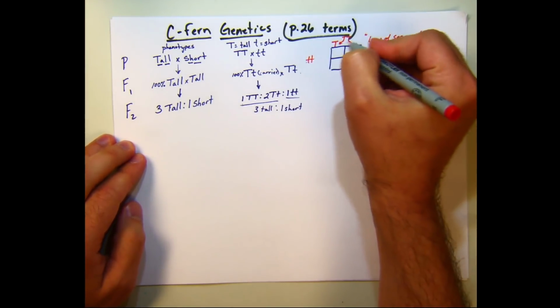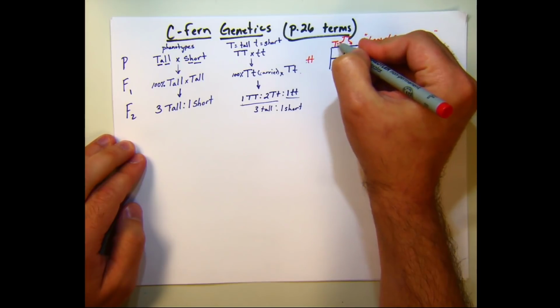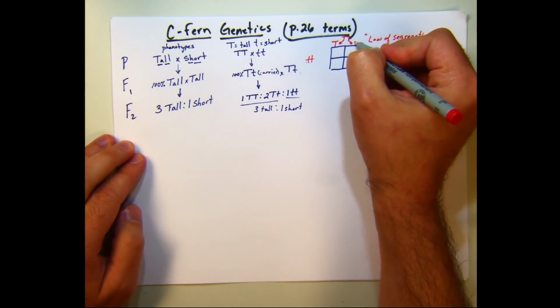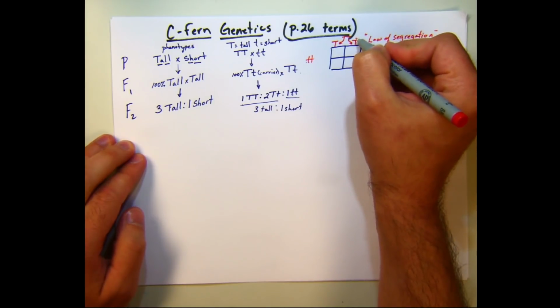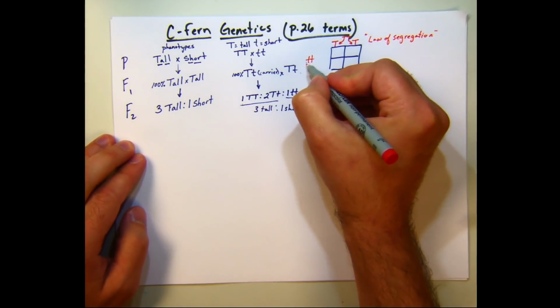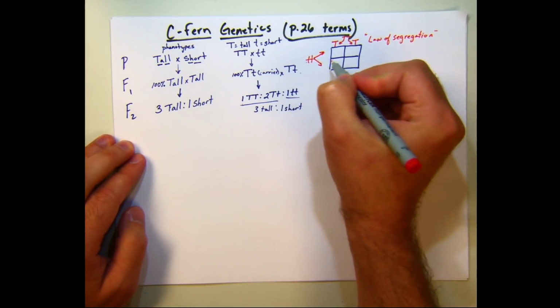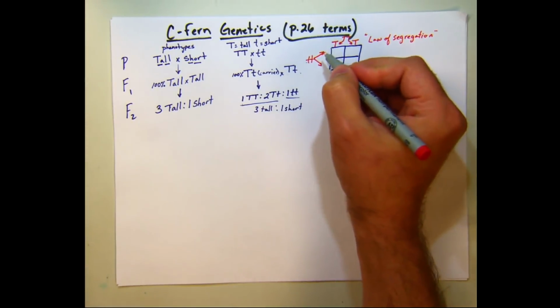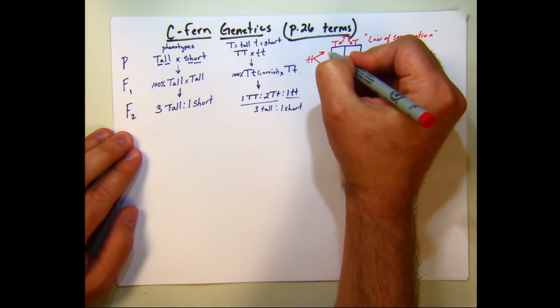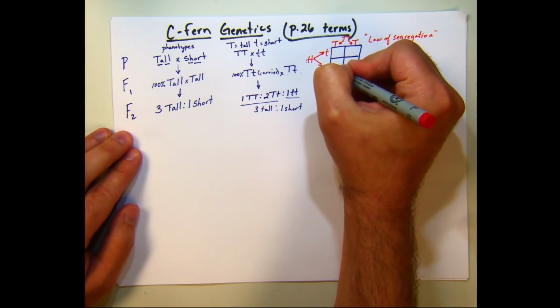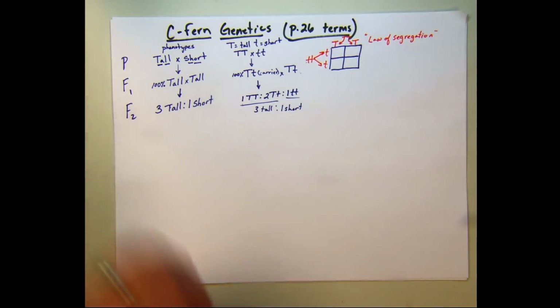We don't know, let's say if we're talking about sperm, if the sperm is going to have this dominant allele or this dominant allele. In the other organism, since we have these 2 recessives, they're also going to separate. Let's say this is in the egg cell. We don't know if the egg cell is going to have that allele or that allele.